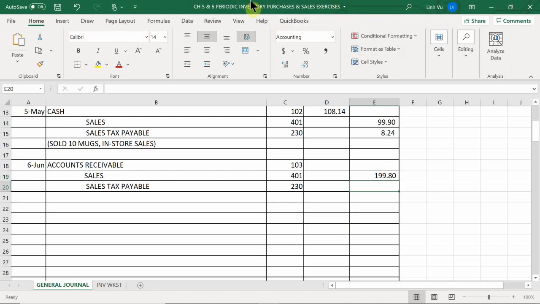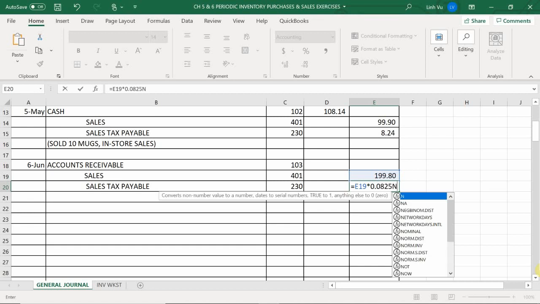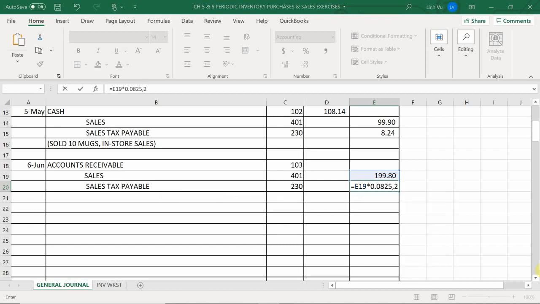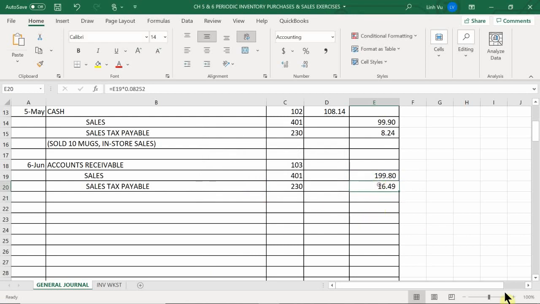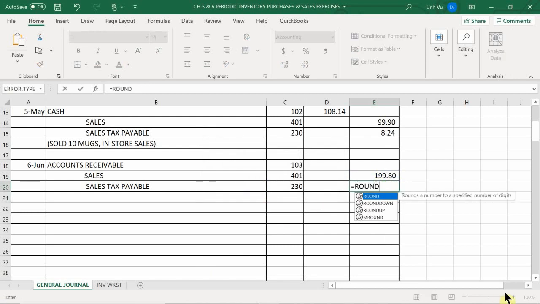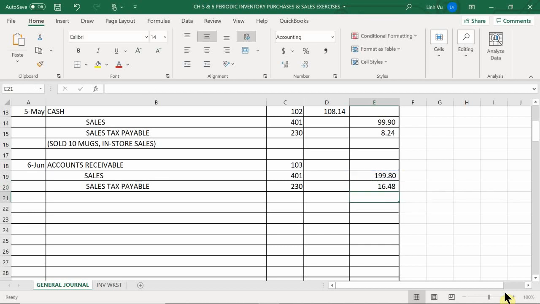Good. How much tax are you going to be charging? 16.48.